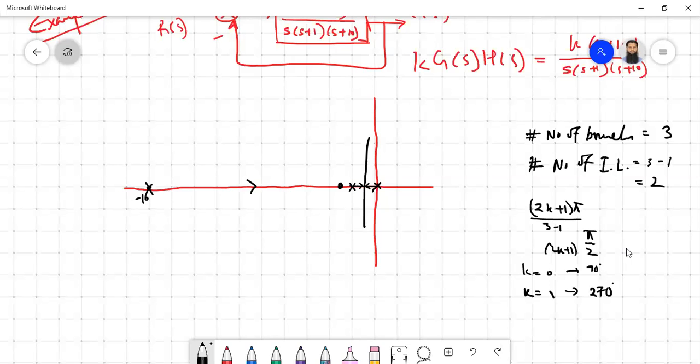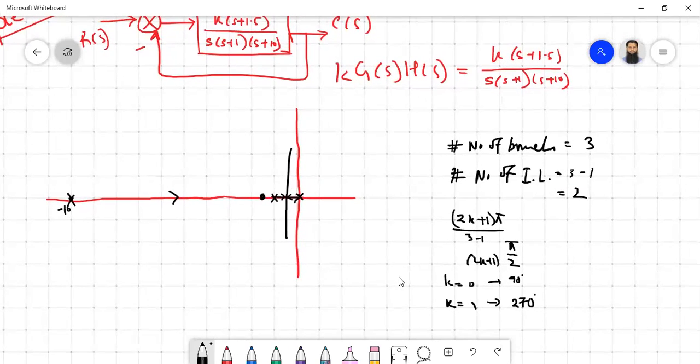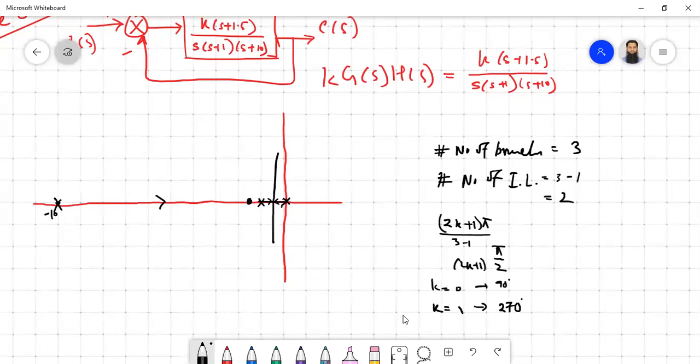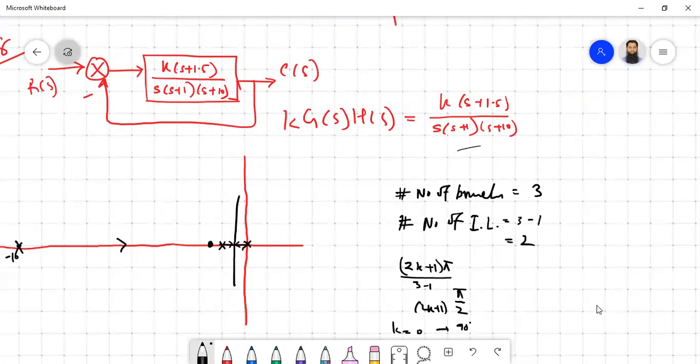But is it reality? Let us go to MATLAB and check how much we are going to deviate. Before going to that, let us find out the polynomial here.